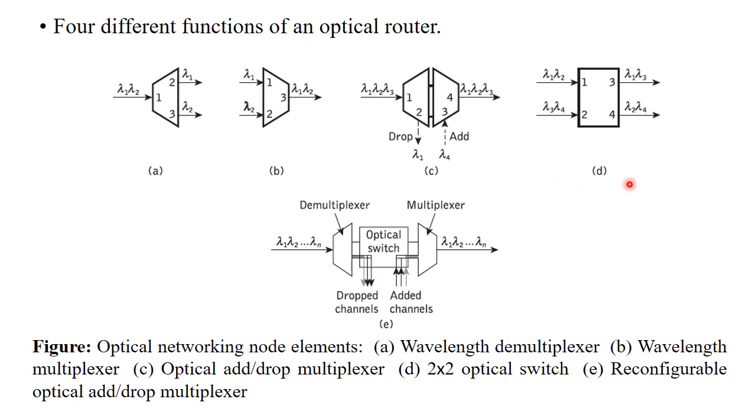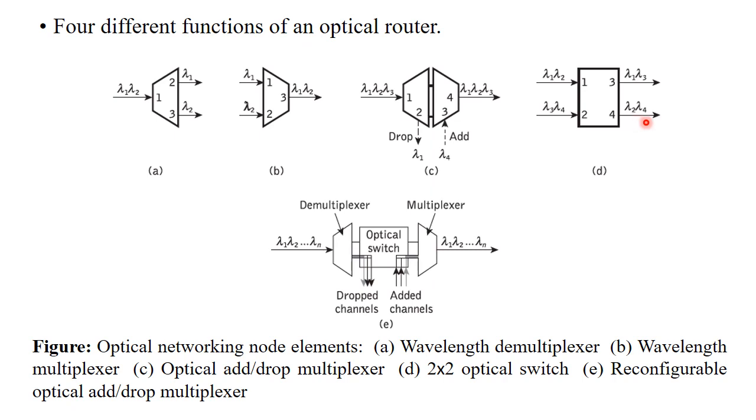Now coming to figure D. In figure D we can observe the input at port 1: lambda 1, lambda 2, and at port 2: lambda 3, lambda 4. Observe the output side: port 3 has lambda 1, lambda 3 and port 4 has lambda 2 and lambda 4.